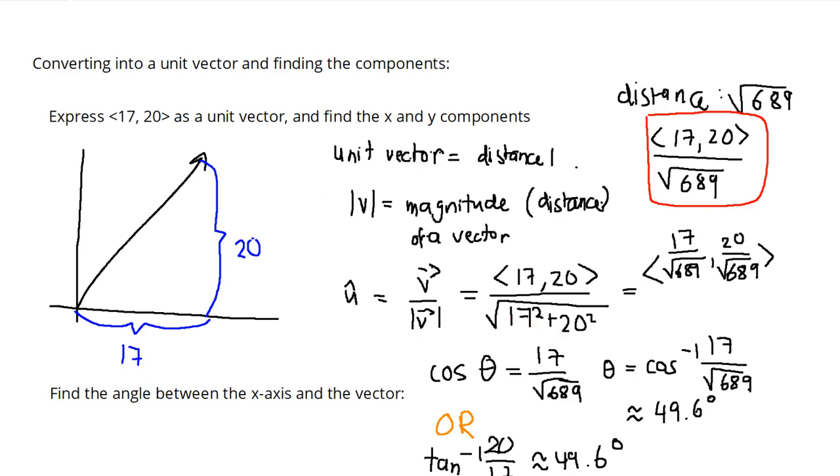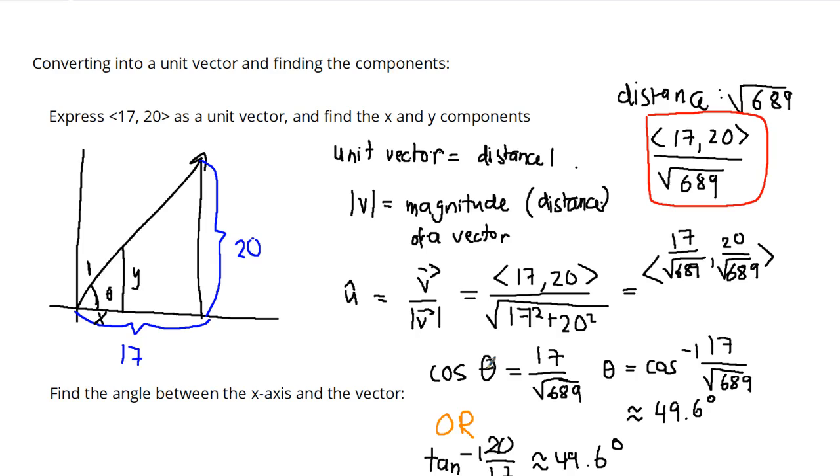So the neat thing about this is we have this cosine right here, and if I drop this down and we had a unit vector, it will be opposite over hypotenuse. Let's say, okay, this is not a good scale, but let's say this is 1, right? So this is 1, this is y, this is x, right?